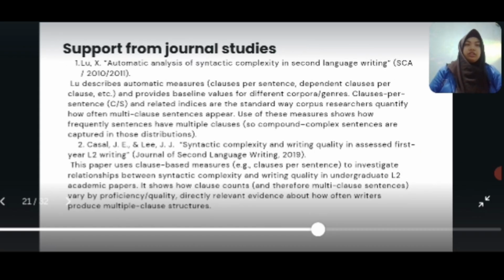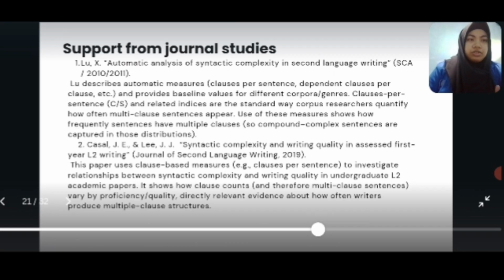And then there's the support from 2 journal studies. The first one describes automatic measures such as clauses per sentence and dependent clauses per clause, and provides baseline values for different corpora or genres. Clauses per sentence and related indices are the standard way corpus researchers quantify how often multi-clause sentences appear.